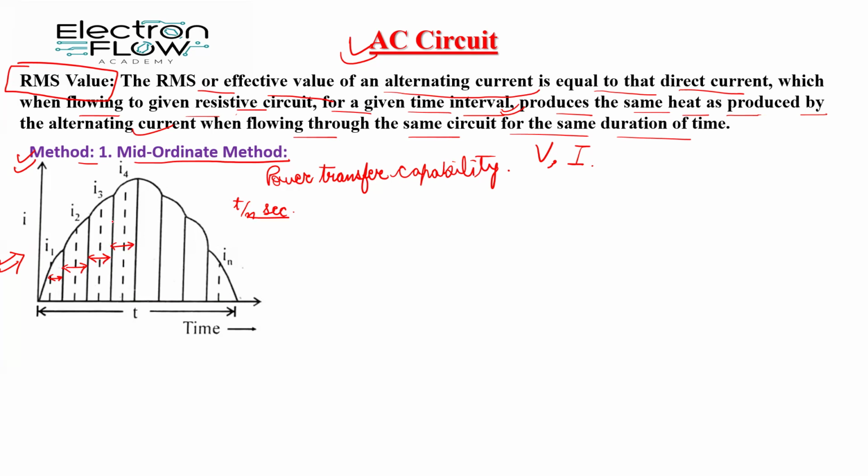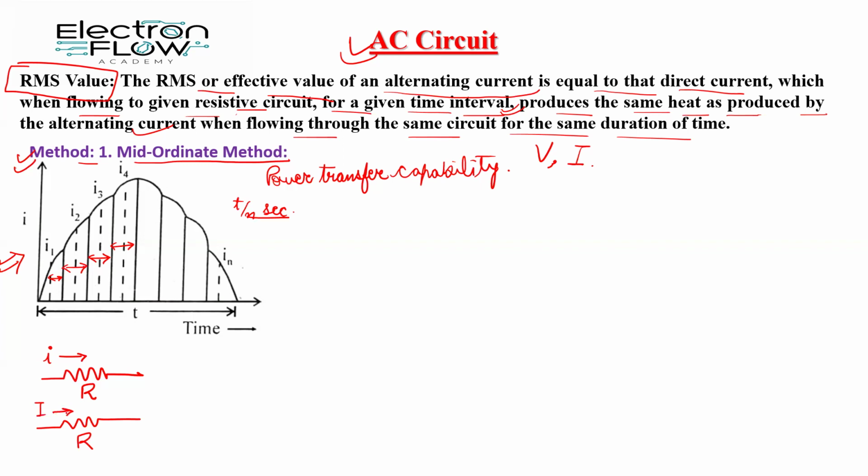Here we are assuming that the current, small i, is flowing in a resistance of value capital R. Secondly, we are considering the same resistance in which the capital I current is flowing.